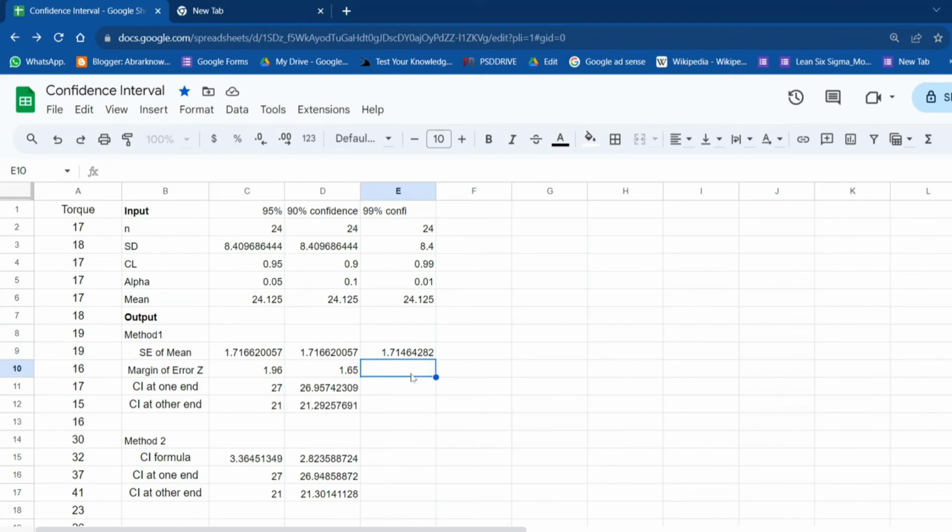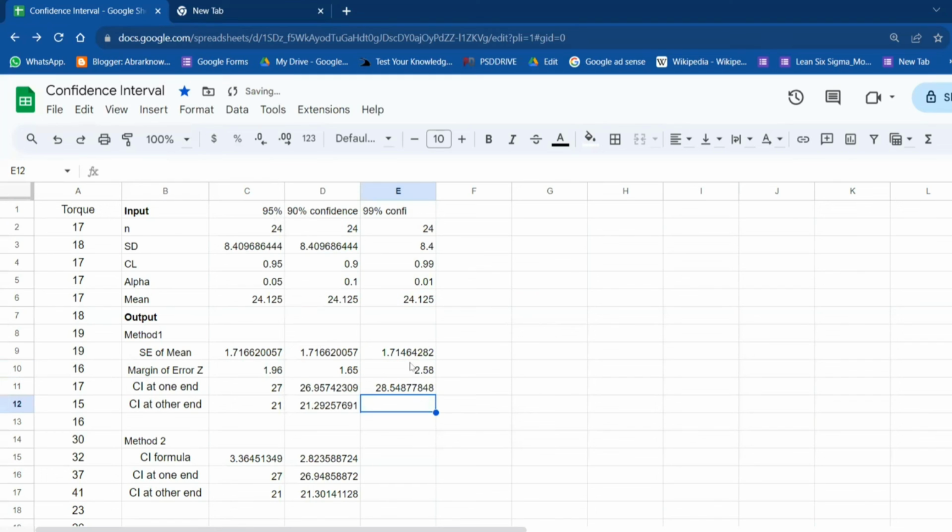Now let's find out the margin of error. Margin of error, we know the formula, and what you can do, if it is 1.65, it is 90%. 99% will give you 2.58, right? And then similarly we can calculate this also. That means if you wanted to have one end, again you take your mean value plus this standard error of mean into margin of error.